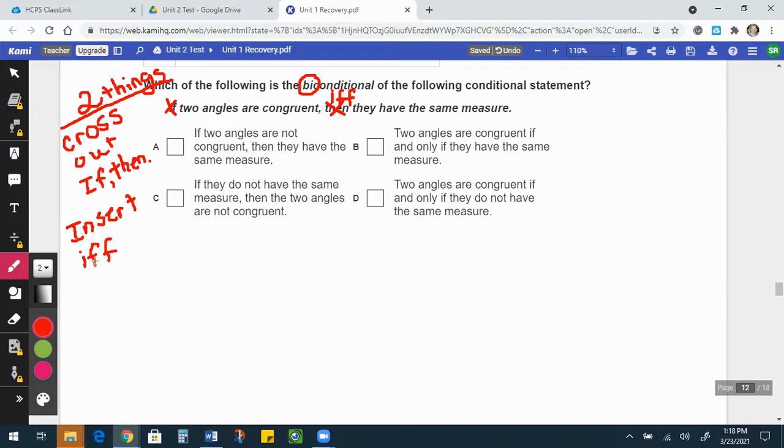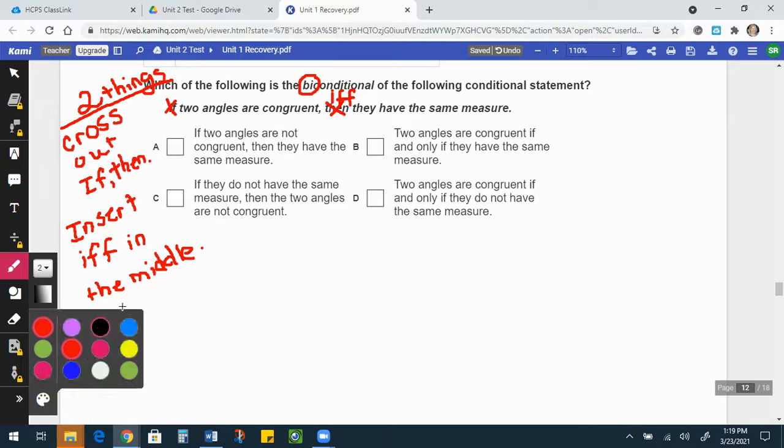Remember, y'all, IFF is the abbreviation for if and only if. Now, we've done all the work. We just have to find the sentence that now says two angles are congruent if and only if they have the same measure. I can see right away it's not A because A still has if in the front of the sentence. That should have been crossed out.